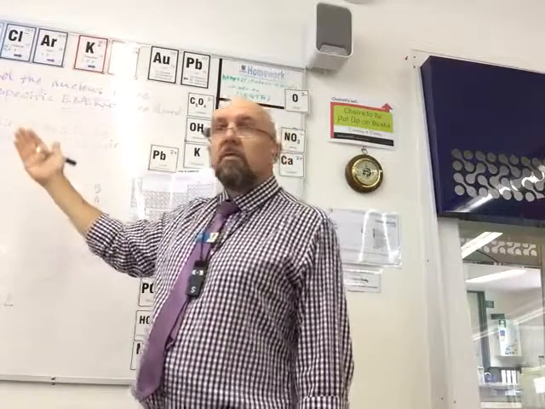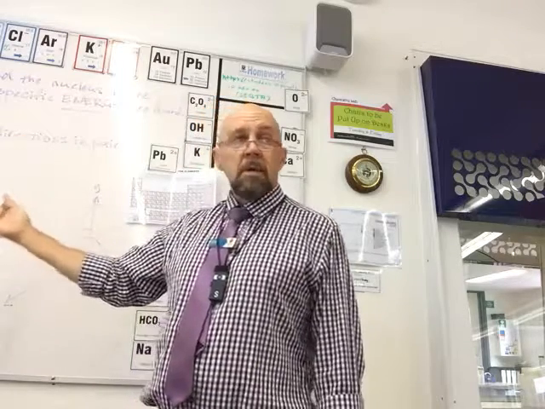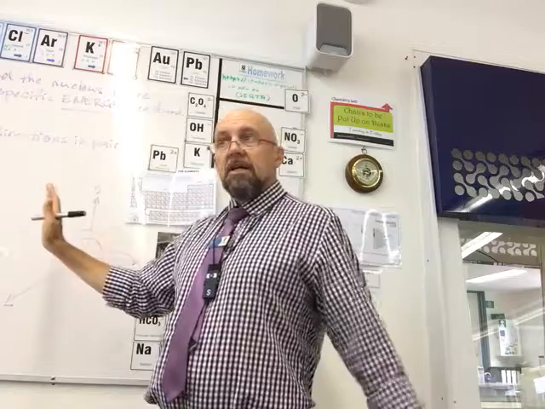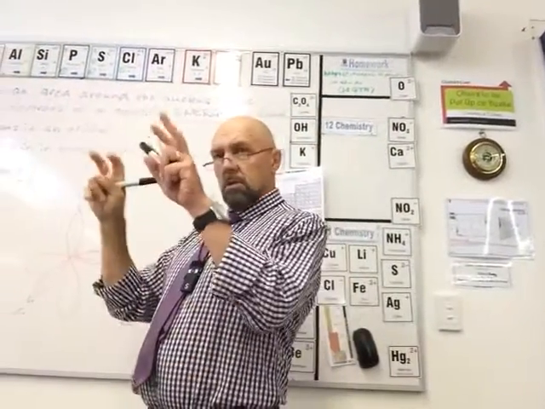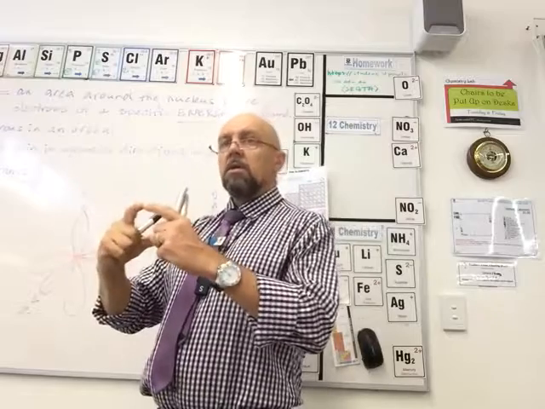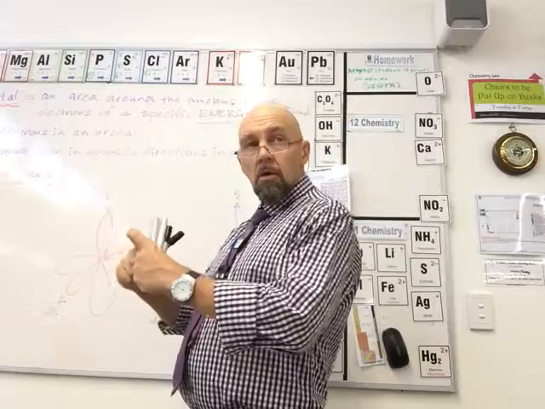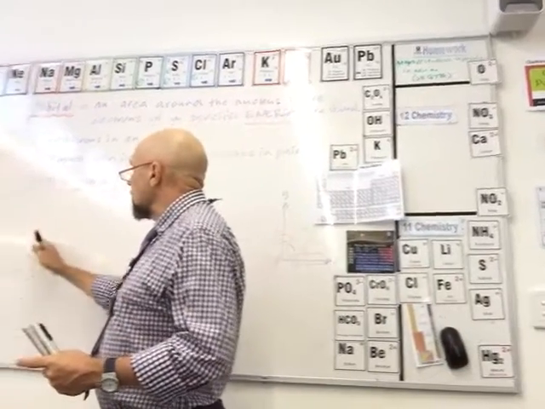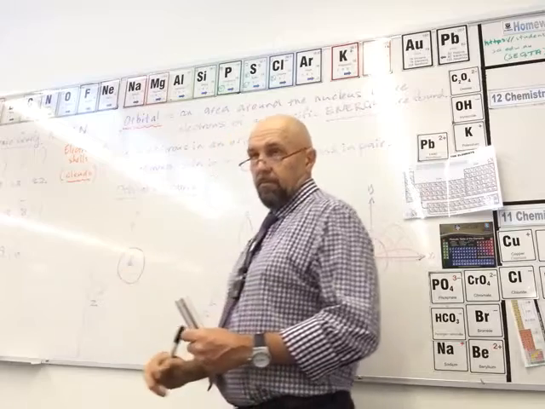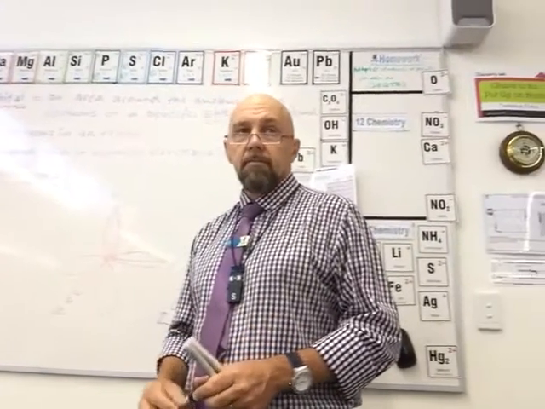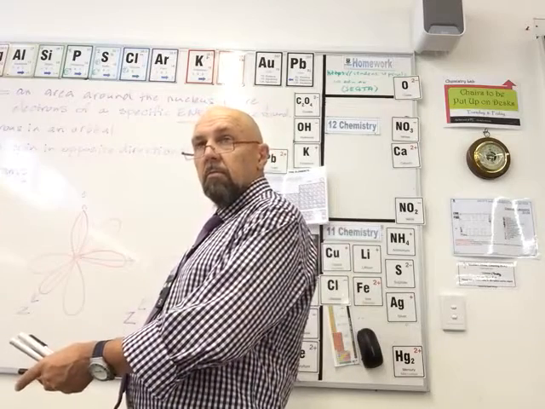And if you've got Mr. Elliot for physics at Stage 2, he talks about the atom in a significant amount of depth. So we now talk about electrons that don't exist in shells. Essentially, they're in areas around the nucleus. Those areas are called orbitals, and depending on where we find the electron, it has a different energy level. We call that the Bohr model of the atom. And your assessment coming up looks at different models of the atom.